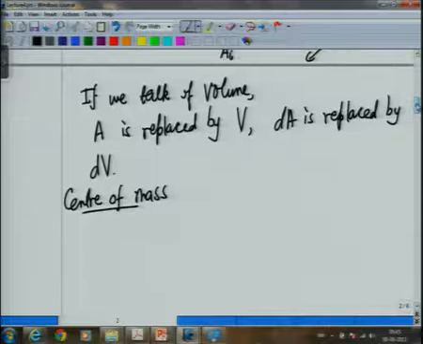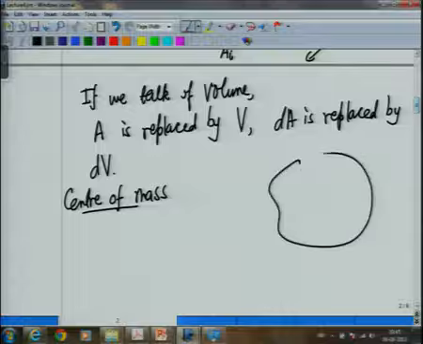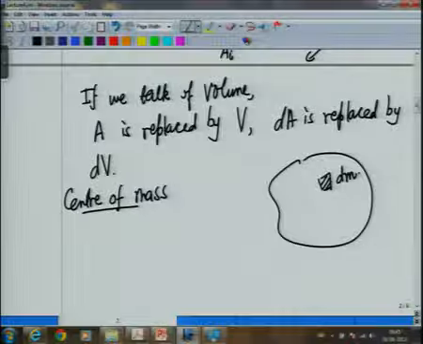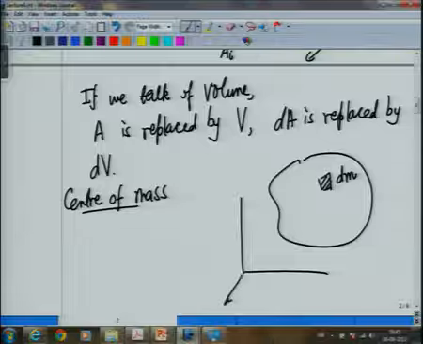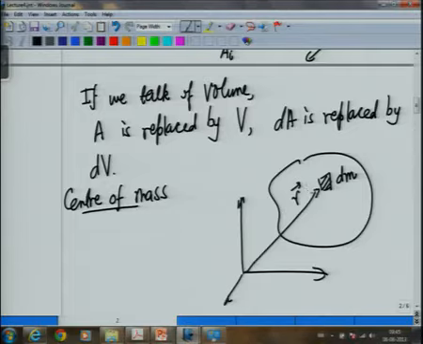center of mass. When we talk of center of mass, instead of choosing an area, we choose a basic mass dm, and once again this mass has a position vector r.